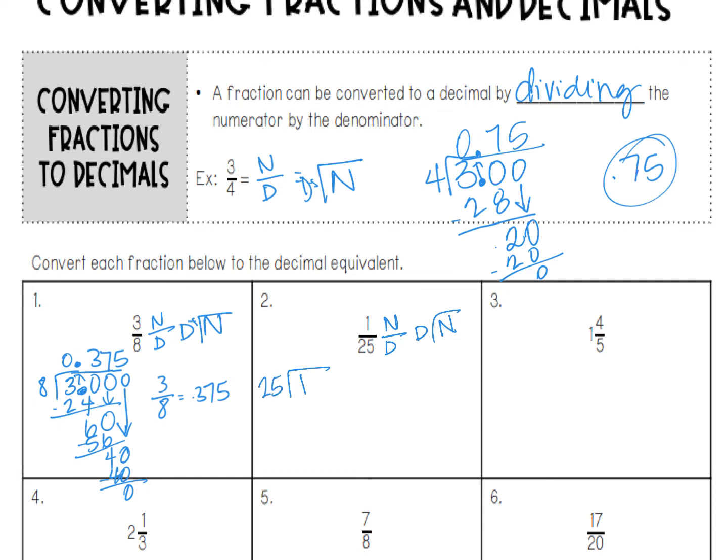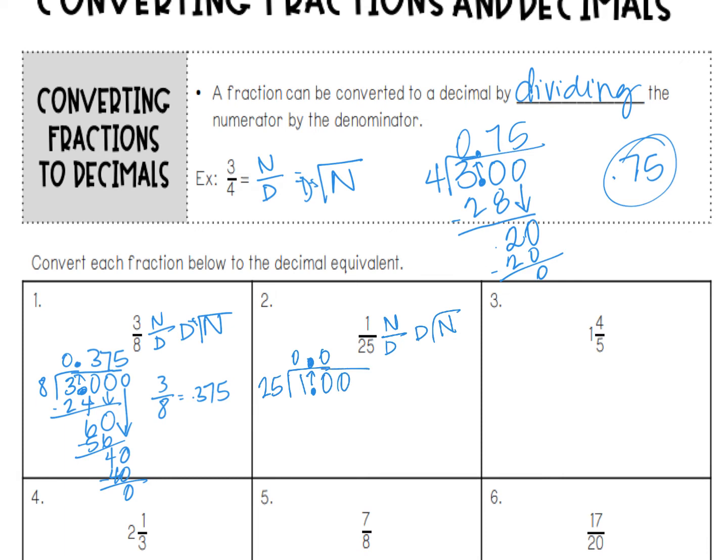And I know 25 cannot go into 1, and since I'm wanting to find a decimal, I'm going to add a decimal, bring it up, and add a 0. And I know 25 cannot go into 10, so I'm going to put a 0 here. 0 times 25 is 0, so I'm going to add another 0.